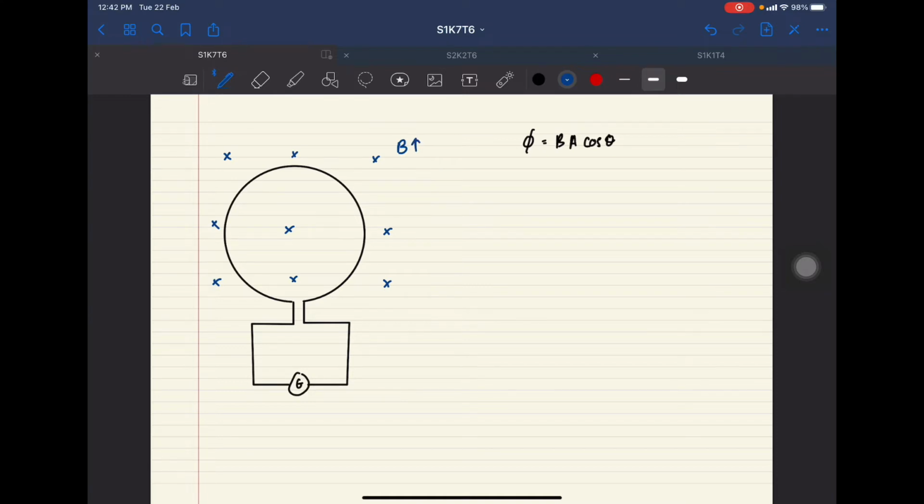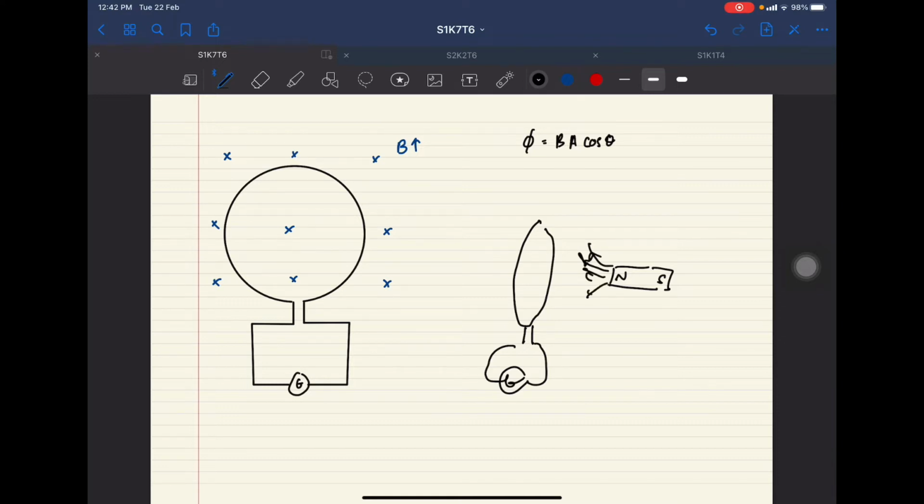Maybe you can imagine a circular loop, like this is my example over here, connected to a galvanometer. Maybe you have a magnet over here, with the north pointing in that direction and the south pointing in there. So you expect that the field will be pointing in that direction.